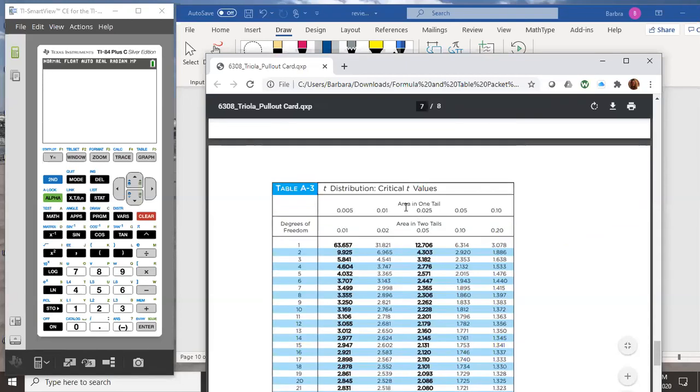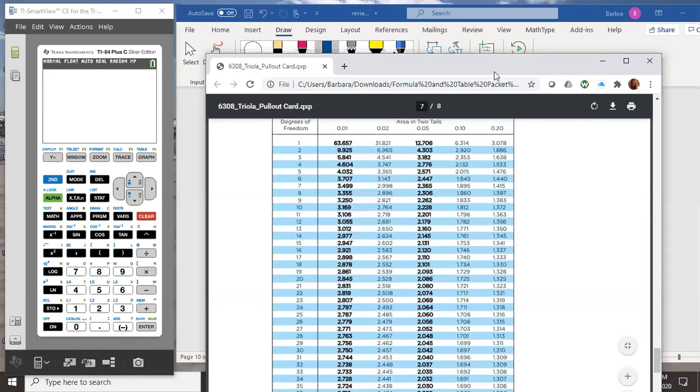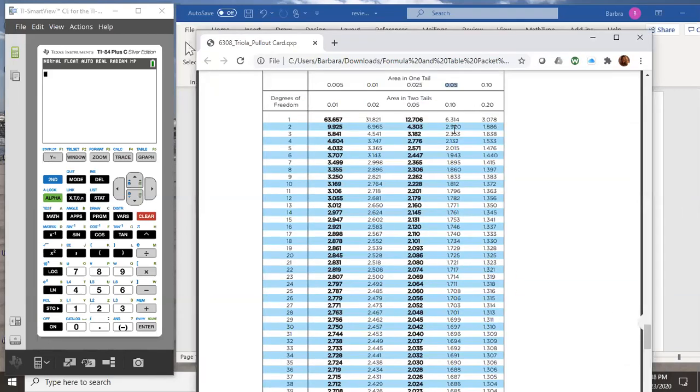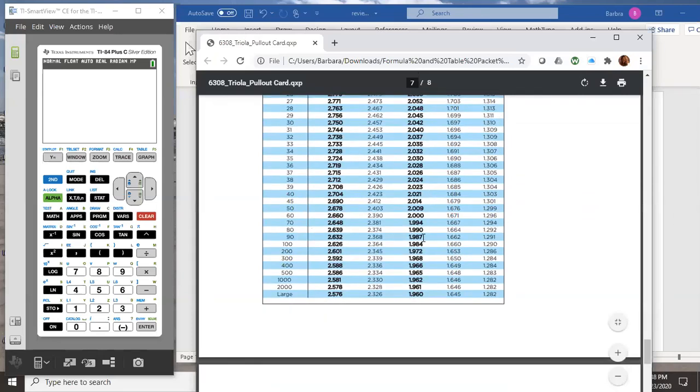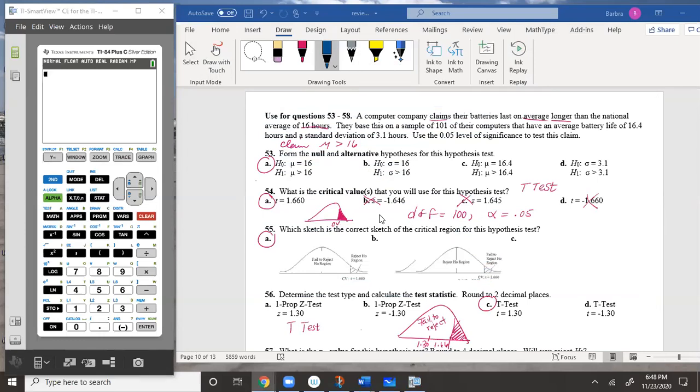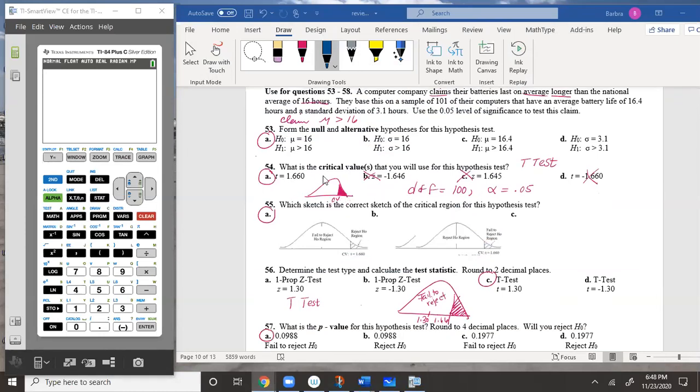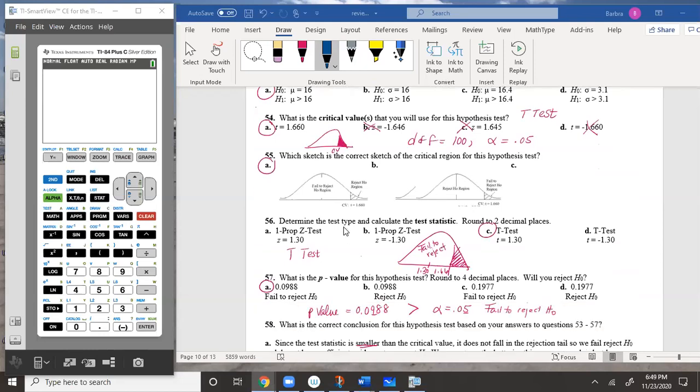The area in one tail is 0.05, degree of freedom is 100, so it's 1.66. It's right here. So T is 1.66, this is a right tail test, and that's the rejection zone that's shaded. So the correct answer is A.